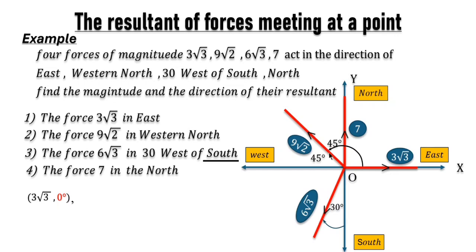It will be 180 minus 45, or 90 plus 45. The third one, 6 root 3, makes an angle from the positive direction of the x-axis of all of this. It will be 270 minus 30. And the fourth force, 7, has an angle of 90 degrees.